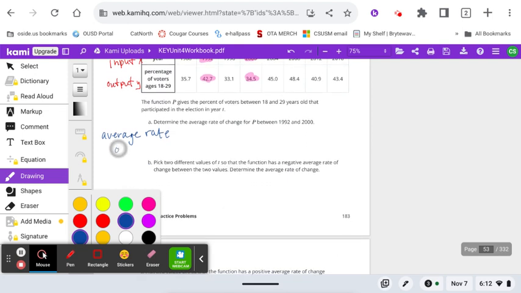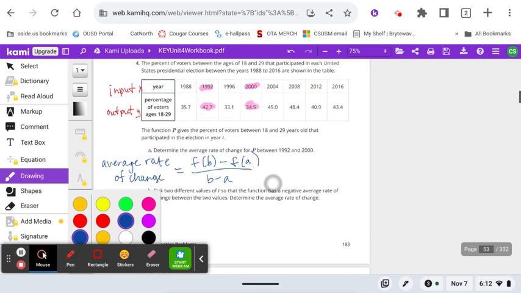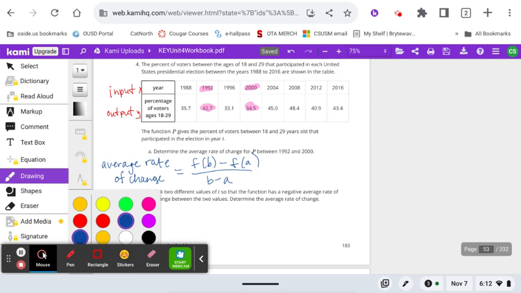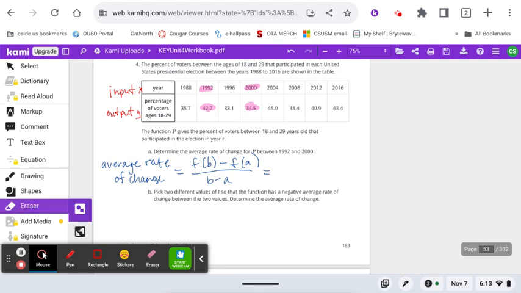And so this average rate of change formula from the summary was given to us as the output of B minus the output of A over the input for B minus the input for A. So again, this is the function notation for average rate of change instead of the slope formula using x1s and y1s, etc. So where are these values up here on this interval?